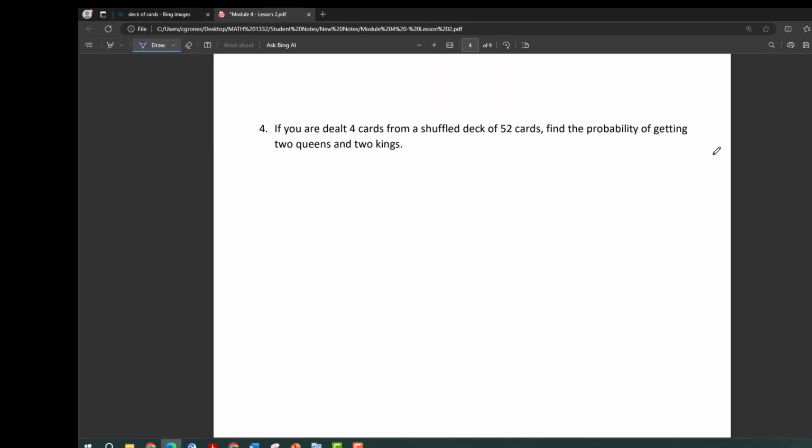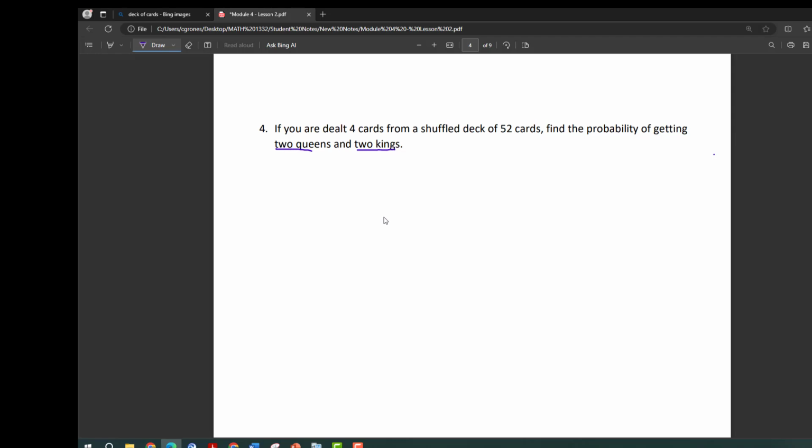Alright, number 4. If you are dealt 4 cards from a shuffled deck of 52 cards, find the probability of getting 2 queens and 2 kings. So we're picking 4 cards from our deck of 52 cards. We want to draw 2 queens and 2 kings. So anytime that we have 2 things that we are looking for, we're going to multiply them.